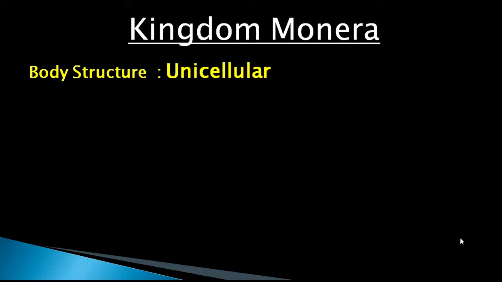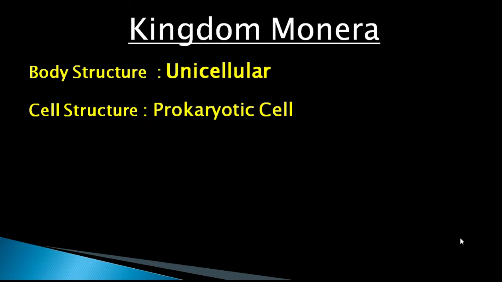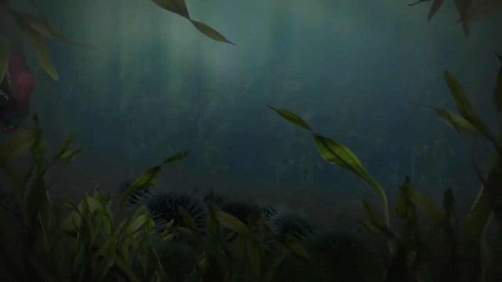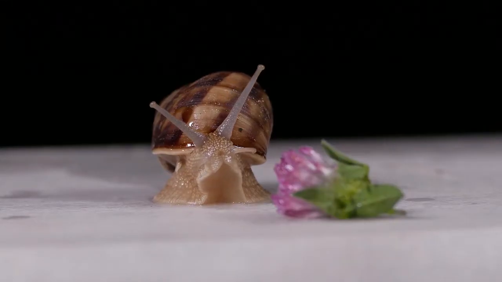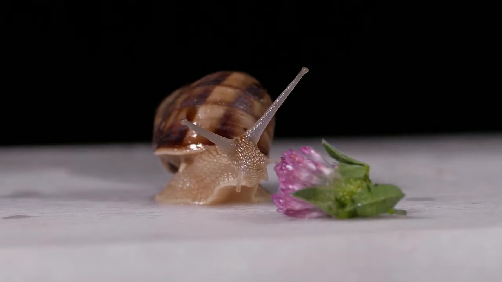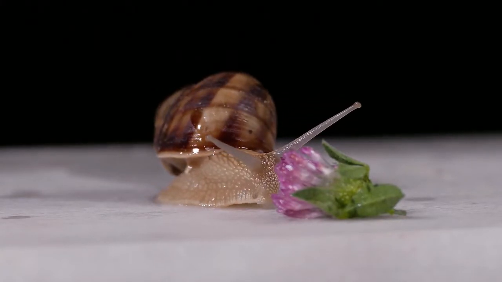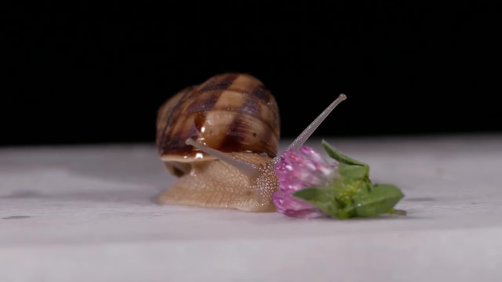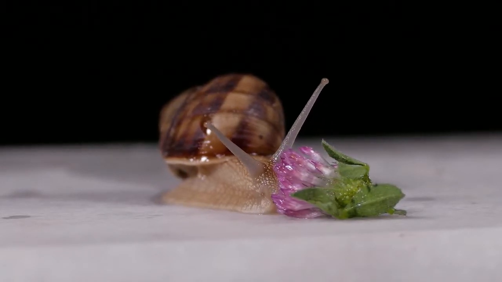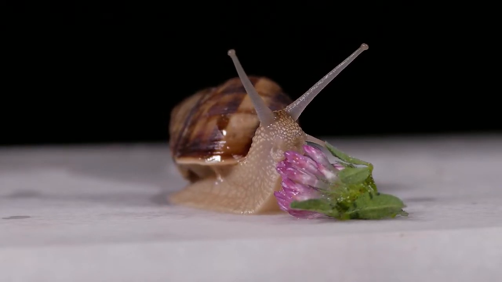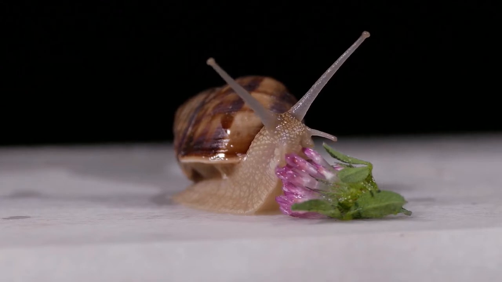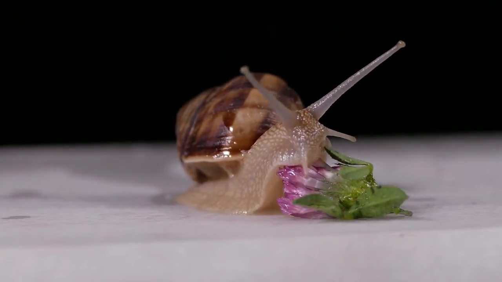Cell structure: prokaryotic cell. Cells are broadly divided into two, prokaryotic cells and eukaryotic cells, on the basis of the nature of the nuclear membrane. The cell that contains a well-defined and distinct nuclear membrane, or cell center membrane, is called a eukaryotic cell.